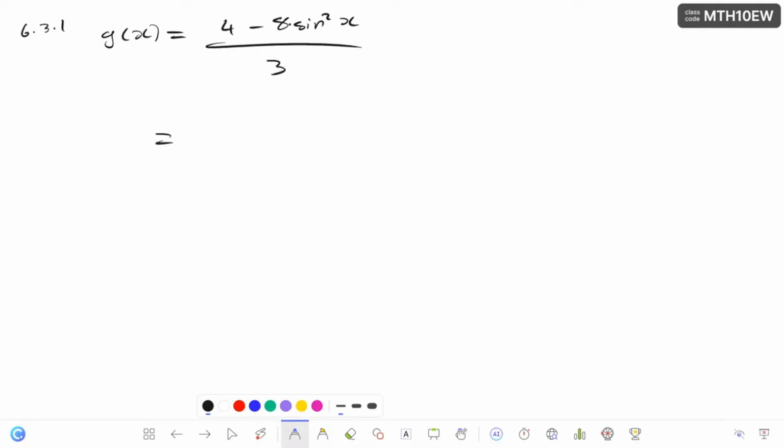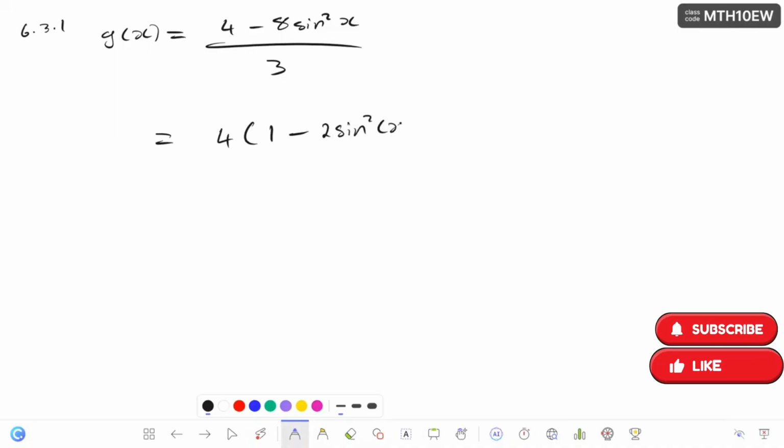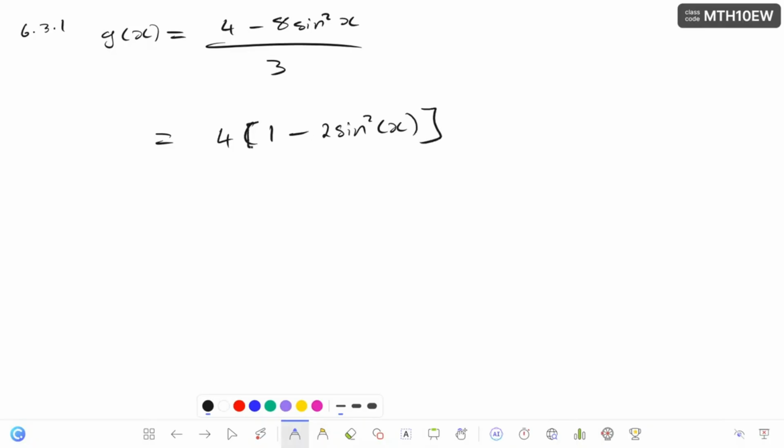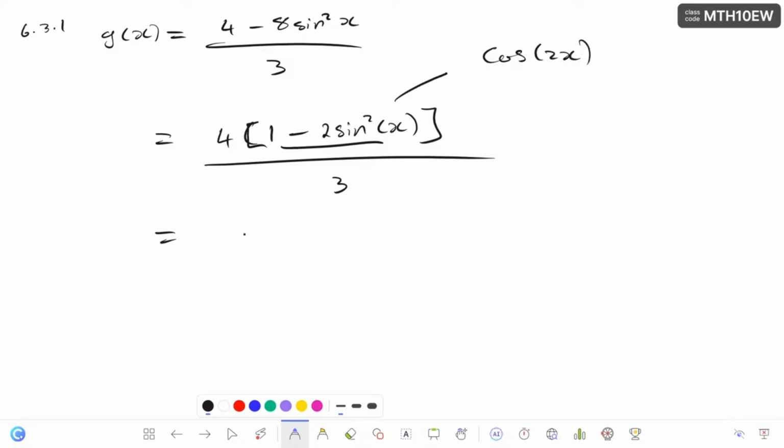So we need to remove the common multiples: 4 times 1 minus 2 sine squared x, and put it like this, divided by 3. So this one inside the bracket is the same thing as what? As cos 2x, right? Yes.